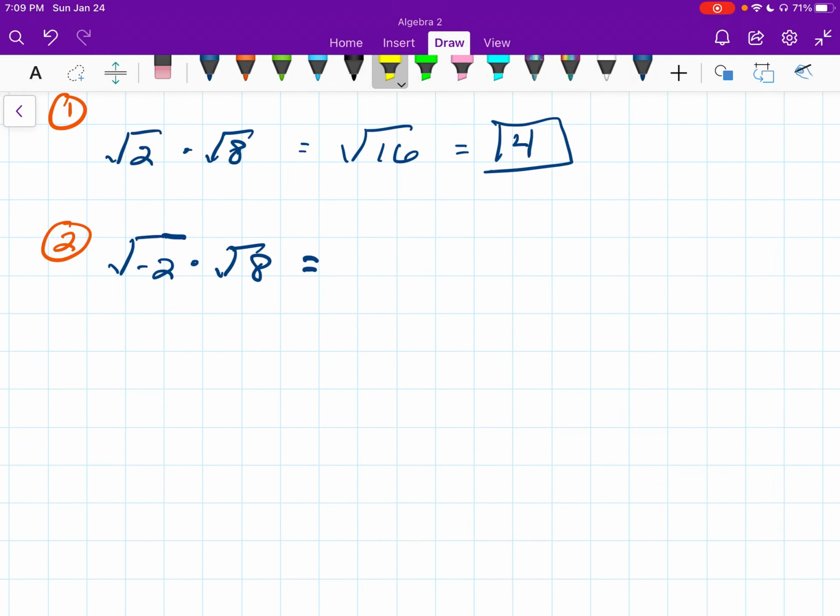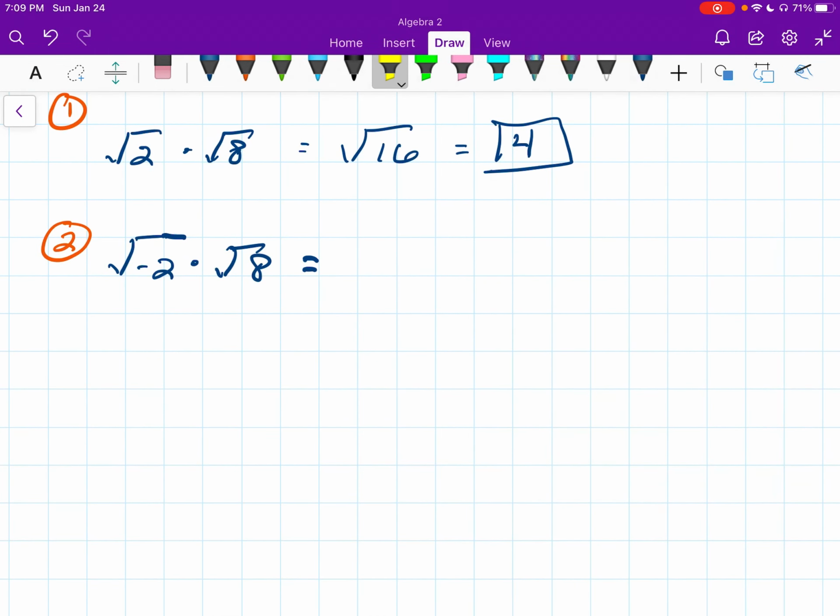And just to make sure that we know how to generalize this, in the third example, we're going to do the cubed root of 3 times the cubed root of, we'll say, negative 9. All right. Now, that rule that we can't have negatives under the root doesn't apply here because it's a cubed root, and cubed roots can have negatives. So here we can put these together.